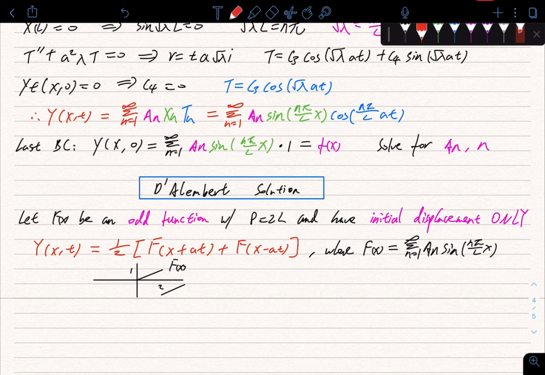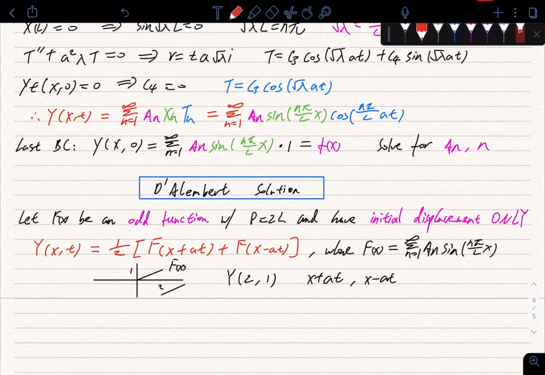If I want to find the value of the displacement at y of 2 and 1, so maybe 2 centimeters and 1 second, I'm going to find the x plus at and then x minus at.